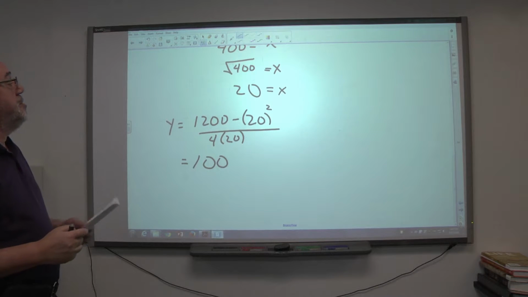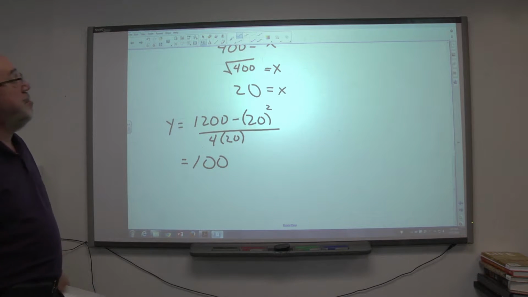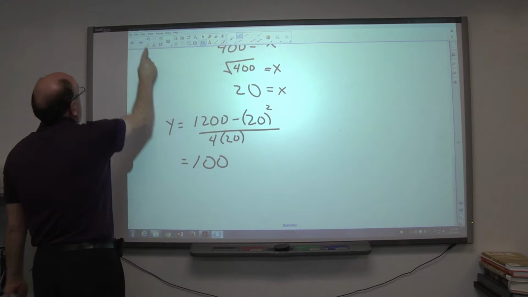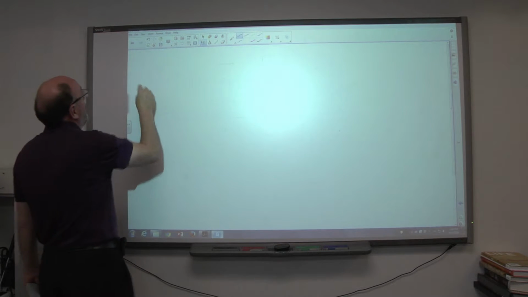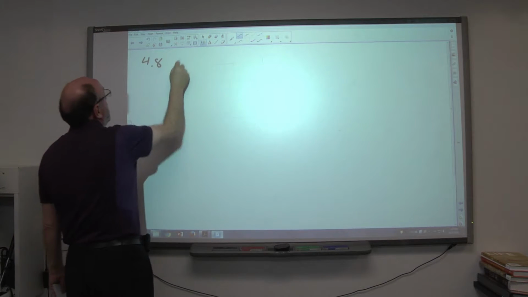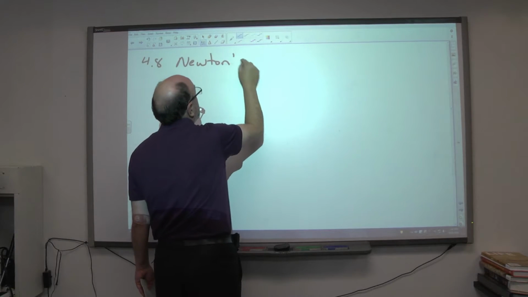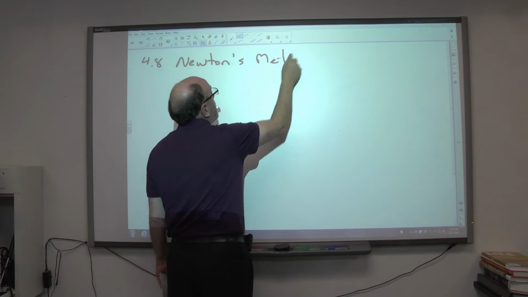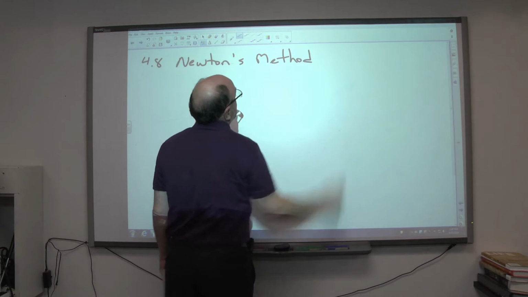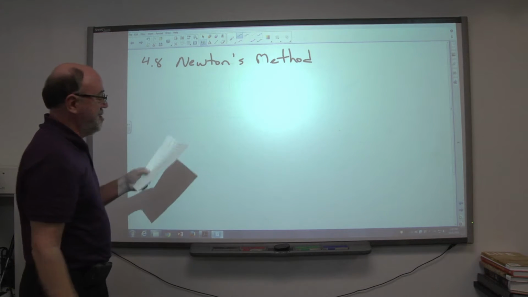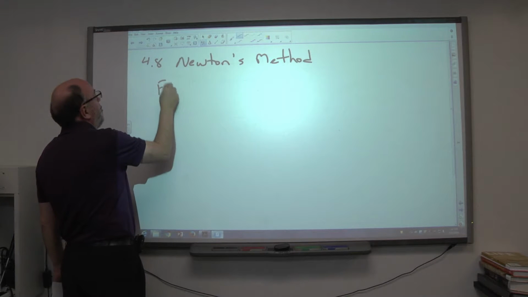So that's it in terms of optimization problems. The next section, section 4.8, deals with a thing called Newton's method. And really this is a calculator exercise. So we want to find the approximate root.